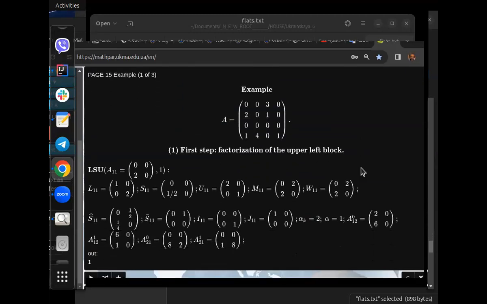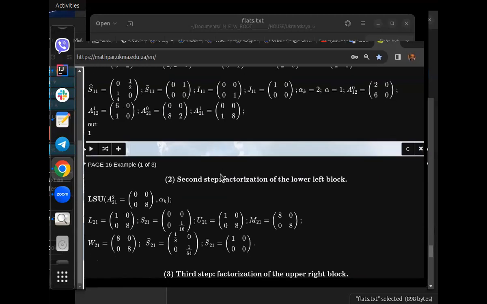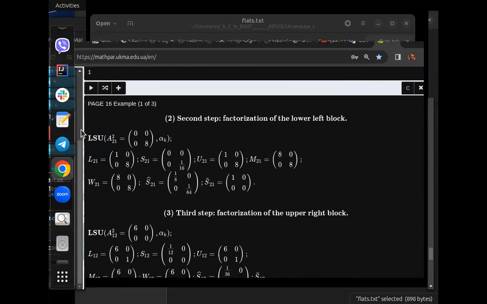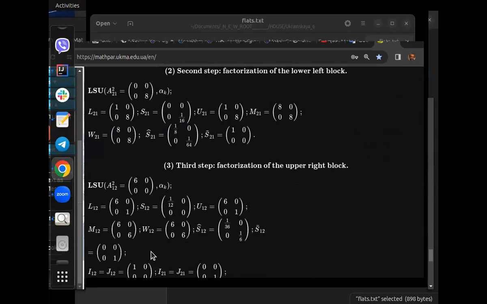Example. This is a full example. We start from the matrix A. We use the first decomposition with the upper left block. Here it is 0, 0, 2, 1, 0, and the initial element number is 1. These are several steps. The decomposition of this block. Then step number 2, decomposition of the block 21. Here it is. Step number 3, decomposition of the block 12.